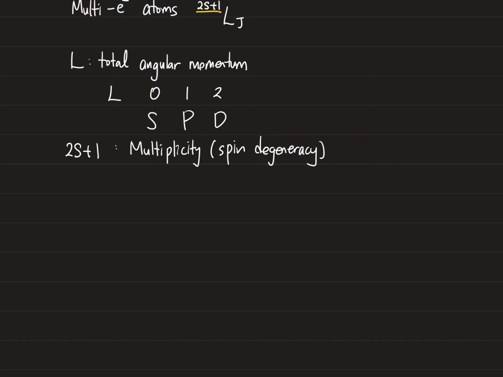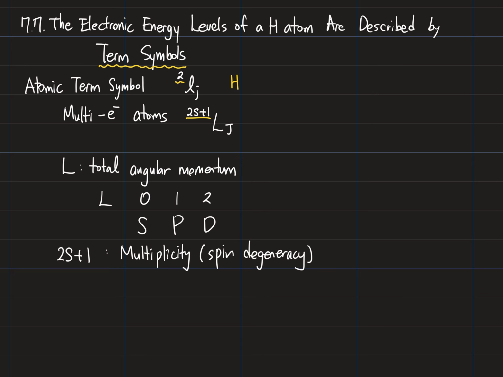So for a single electron where spin small s is equal to 1/2, the multiplicity, defined as 2 multiplied by small s plus 1, should be 2. That's why we have 2 here.